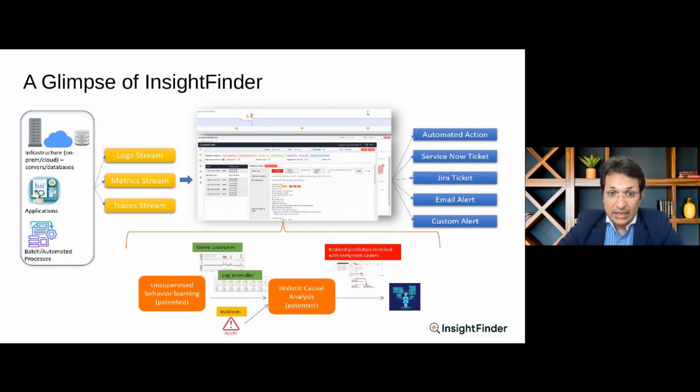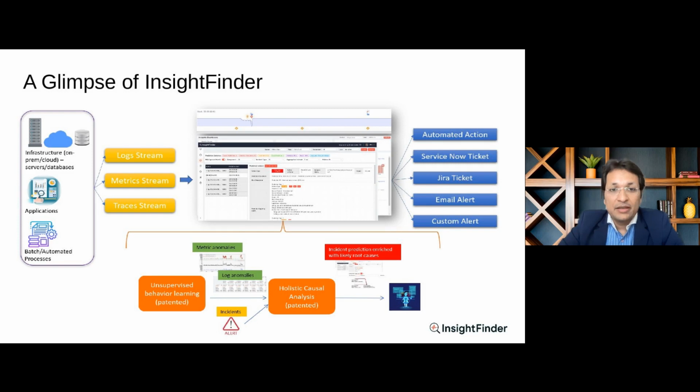You can stream all of that data, whether it's logs, metrics, traces, change events, even the triage communications that you normally have offline, into InsightFinder. InsightFinder uses all of that data and applies unsupervised machine learning to detect anomalies in each of these streams.